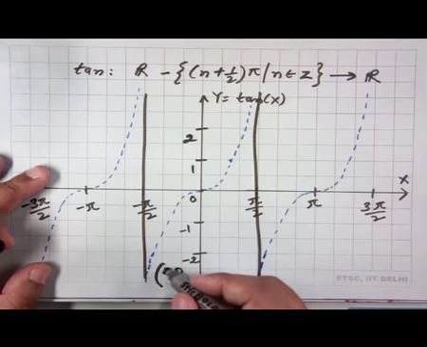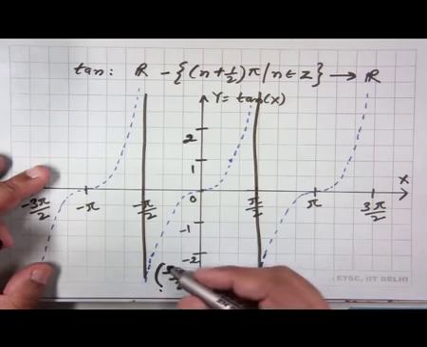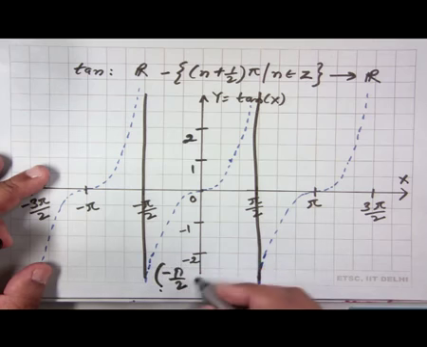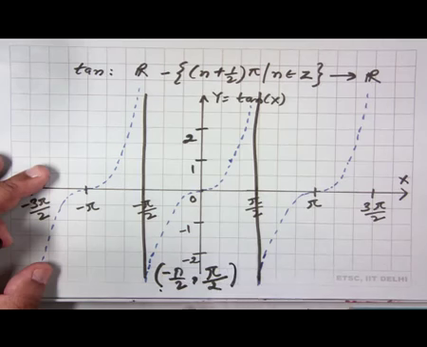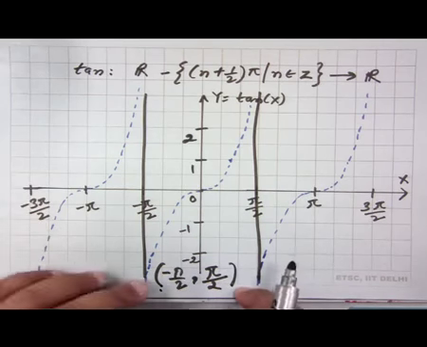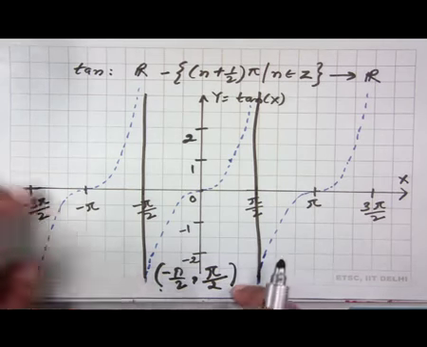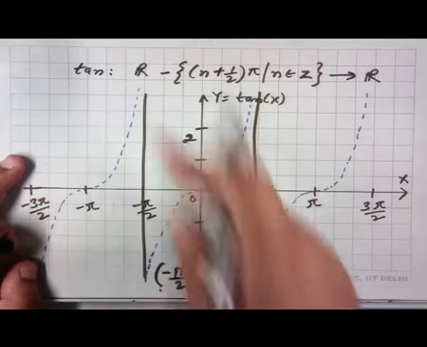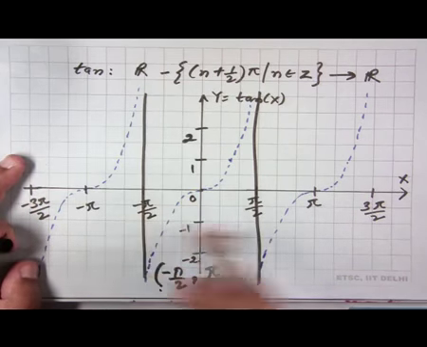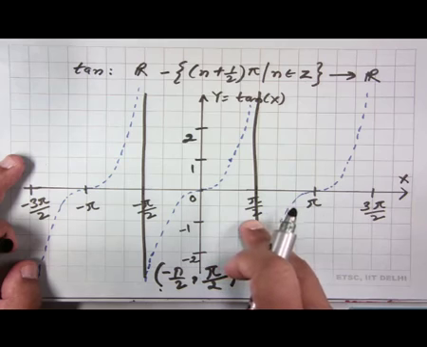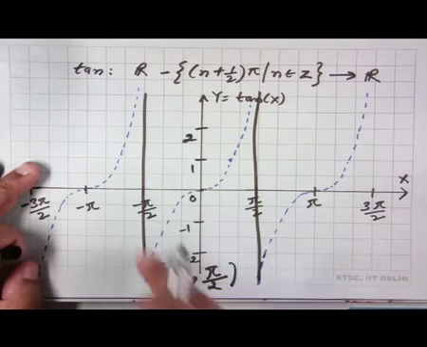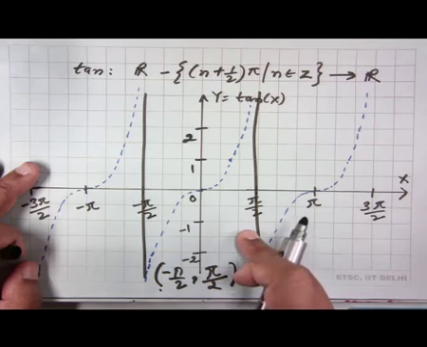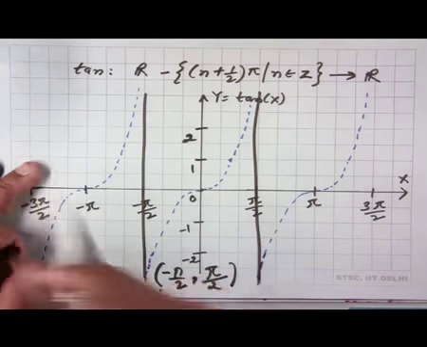The open intervals are denoted with a rounded bracket, and for the closed interval we take a square bracket. The reason for taking the open interval is that the tan function becomes unbounded at minus pi by 2 and plus pi by 2, so we have to avoid those 2 points. All other points in between minus pi by 2 and plus pi by 2 will be the restricted domain of the tan function.